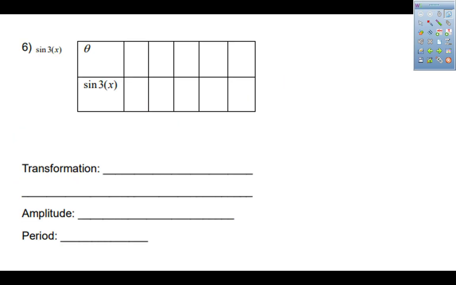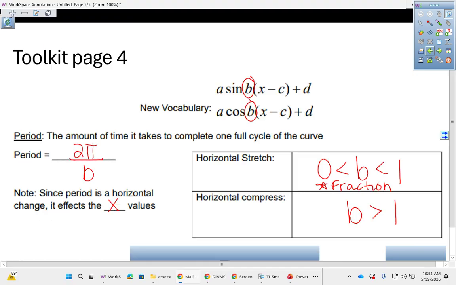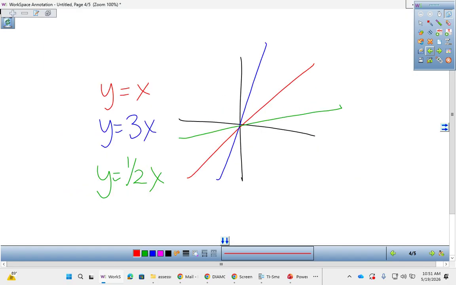Here we go. We've got sine of 3x. Remember, 3x makes the graph 3 times steeper. Like if I'm running 1 mile per hour and somebody else is running 3 miles per hour, they are running faster than me. They are going to finish the race before me. So this table is going to go through a full rotation before the person running 1 mile per hour. All right?